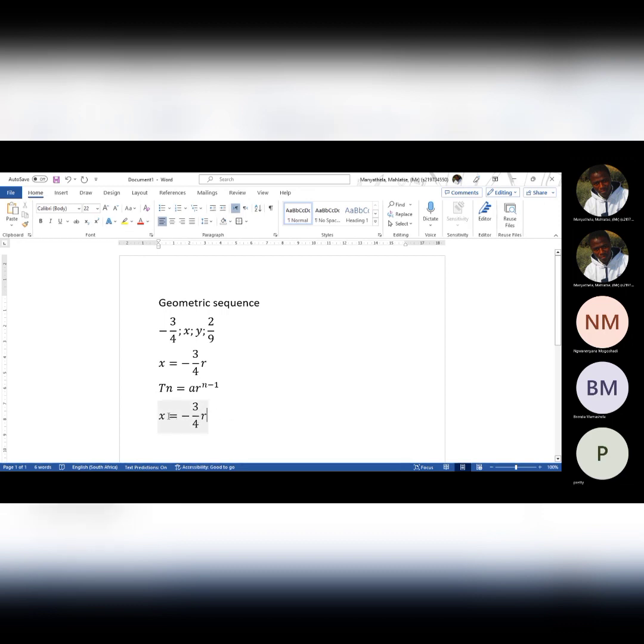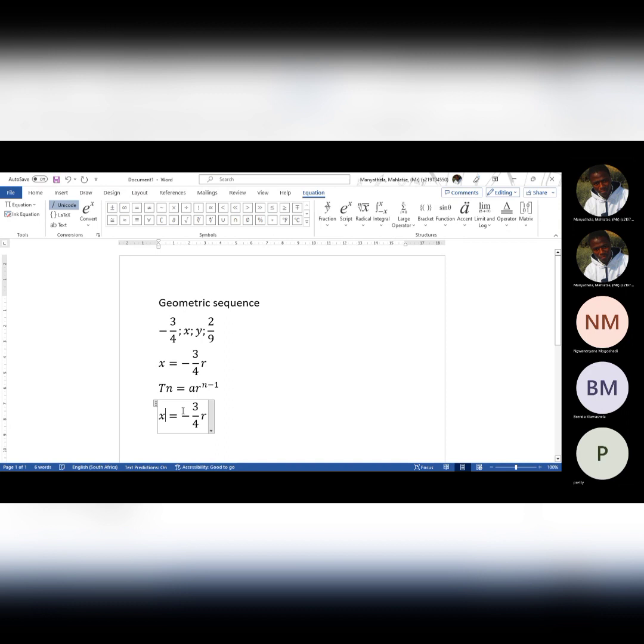The same thing we do for the value of y. y is the third term in the sequence. It's term number 1, 2, and 3, so r to the term number 3 subtract 1.